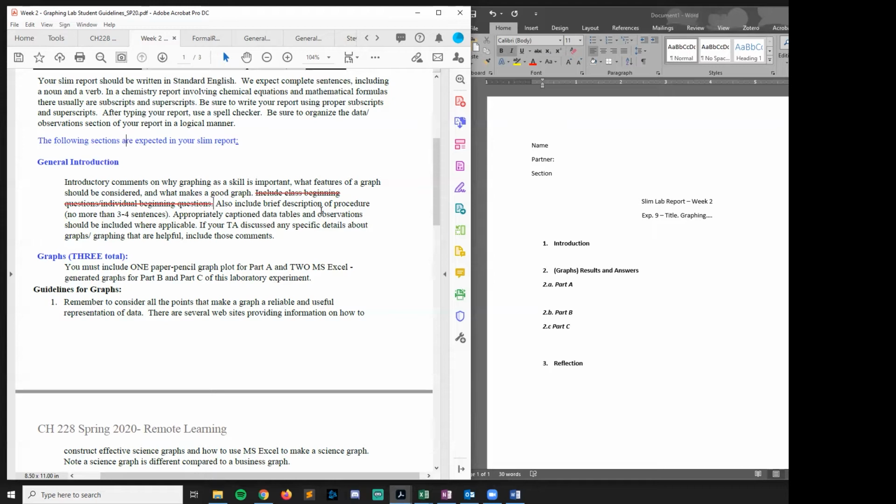Materials can be, you know, their temperature can be measured in a laboratory setting. It can be measured using Celsius or Fahrenheit, which are different units. You're giving me information. You're not asking me questions in your lab report.